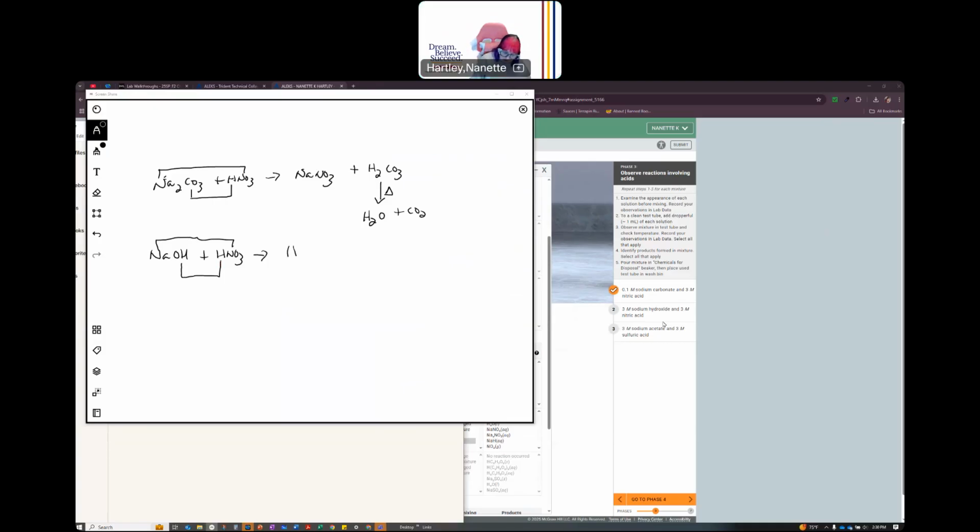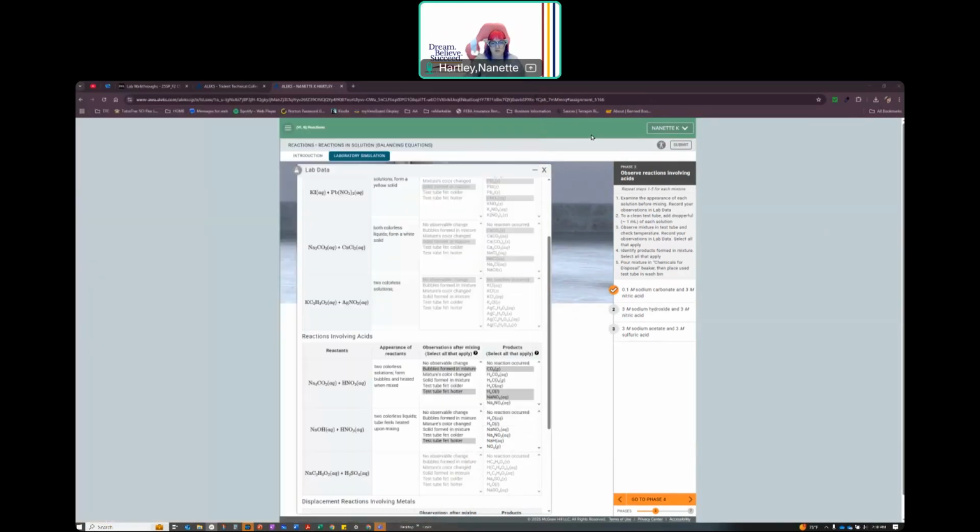So I end up with an H2O plus the NaNO3. Similar to what I had before. Now I know that H2O is going to be a liquid, and the NaNO3 ends up being aqueous. Come back here, and I'm going to have an H2O liquid and an NaNO3 aqueous.